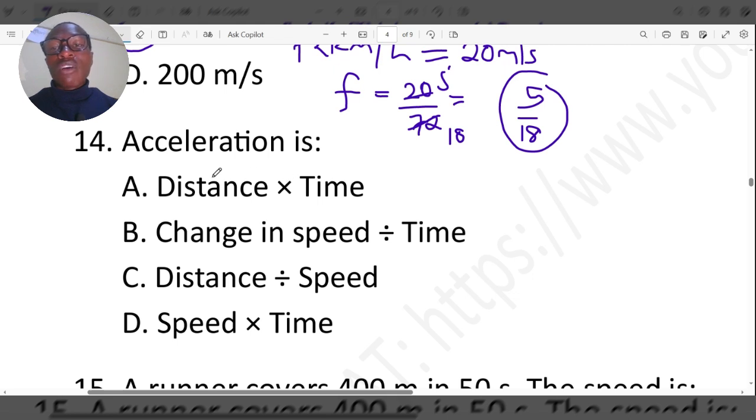Same case now, acceleration is the change in speed. Change in speed, we divide by the unit time, or the time change. So this is B, change in speed divided by time.